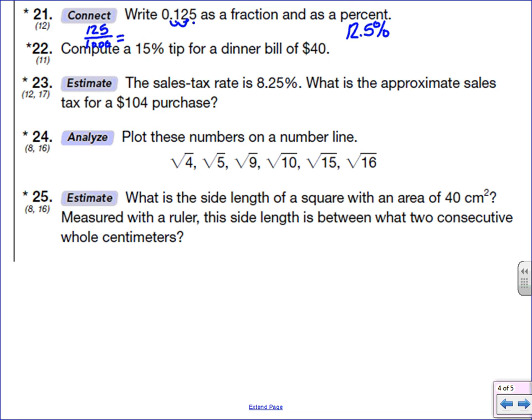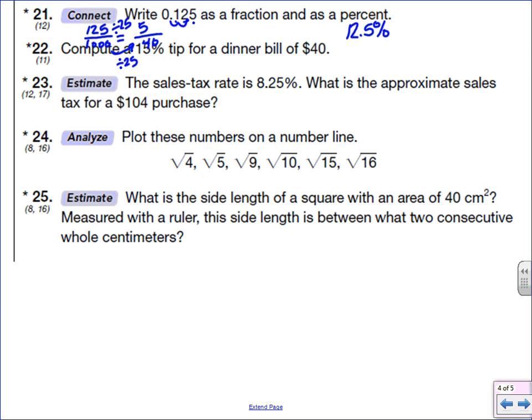I can divide 125 by 25. 125 by 25 is 5. So divided by 25 is 5, and then 1,000 divided by 25 is, let's see, there's 4 25s in 100, so 40.